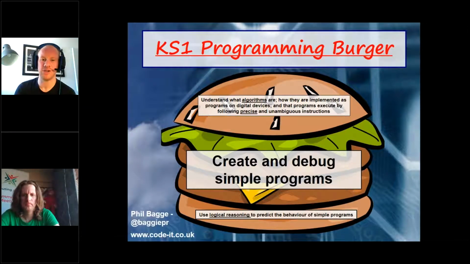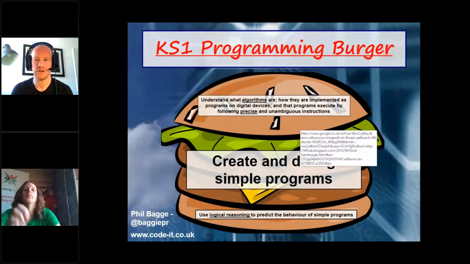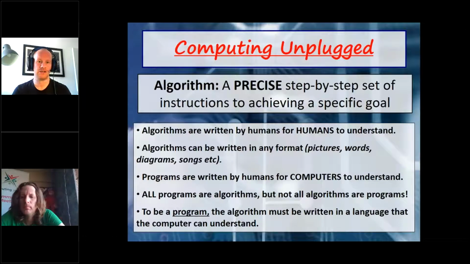When we take that bread at the top there, this idea of thinking about the difference between algorithms and programs, and the need to be precise and unambiguous. And this is where the unplugged activities can really help, and where I think particularly we go back to EYFS and Key Stage 1, as we're thinking about at the minute, how they're absolutely core to developing computational thinking that we can then use in a more formal programming context as children develop into Key Stage 2 and so on.